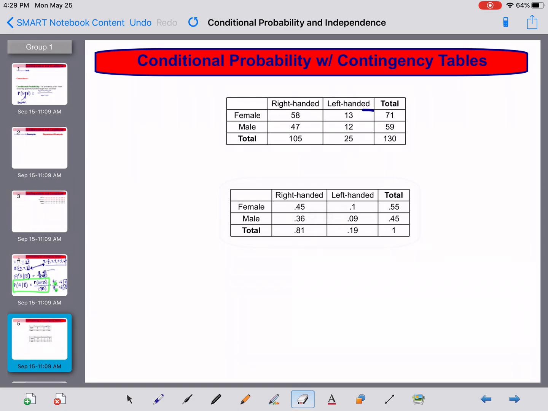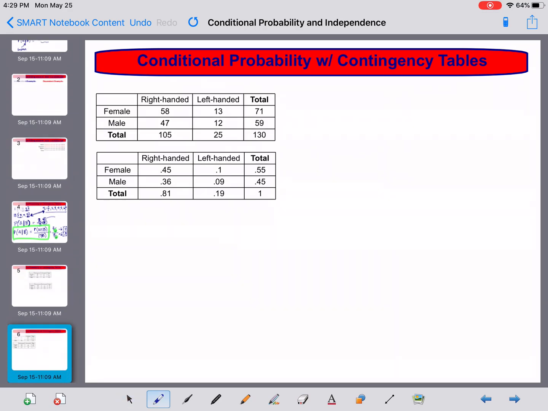So I'm just showing you different ways that we can see contingency tables. Now we can also use those to answer some easier questions in terms of things that we've dealt with already, instead of conditional probability. So just humor me here a second. Let's say, what's the probability that we have a male? Well, if I had a little paragraph about what's going on, I could find it that way.